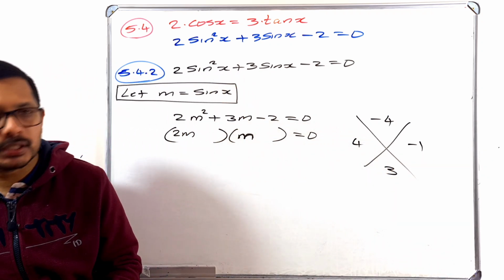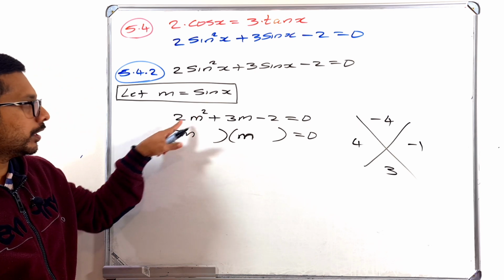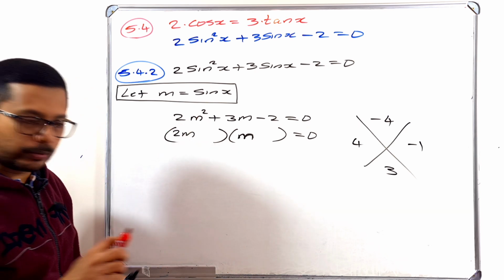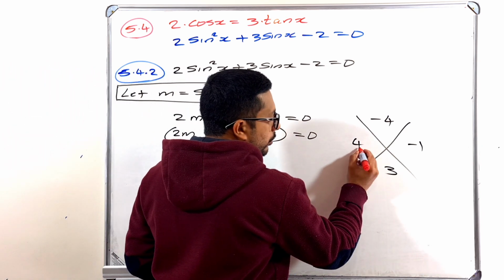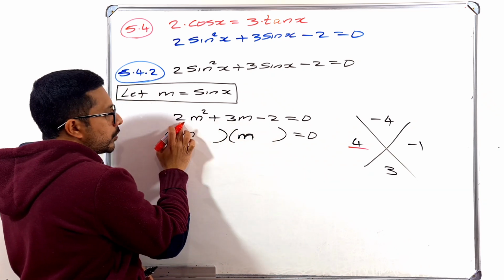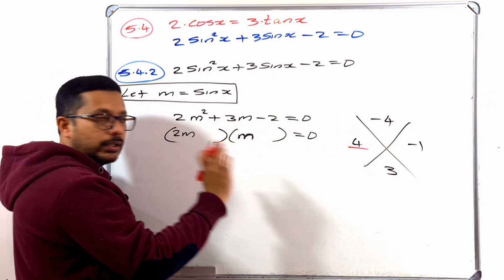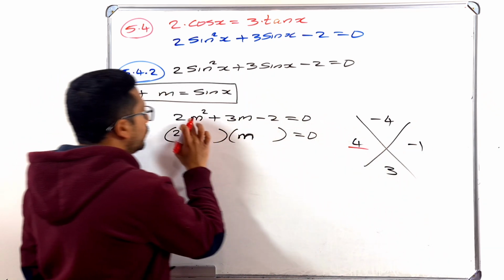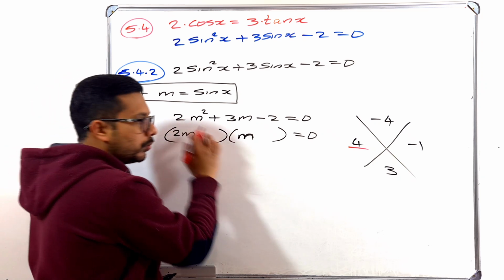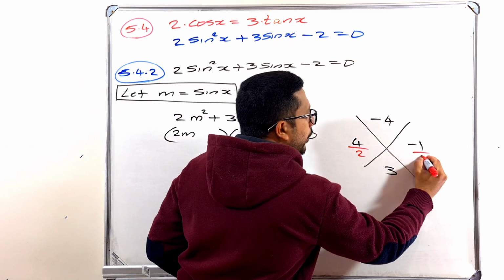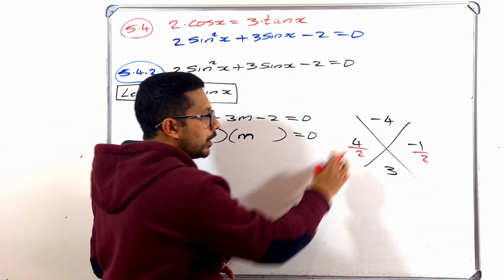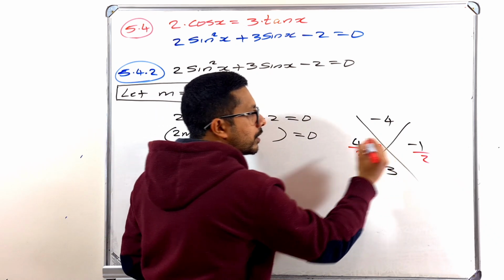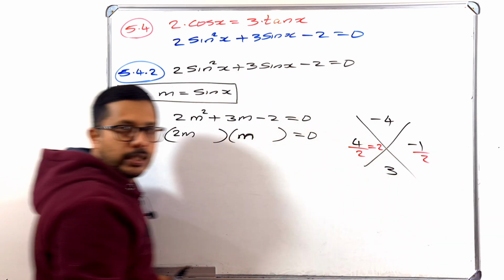What you have to do is, what is the coefficient of m square here? 2. Okay, so what I'm going to do is divide this coefficient of m squared, 2, by the numbers that I got. So 4 divided by 2 is 2. Then the other one, minus 1 over 2.